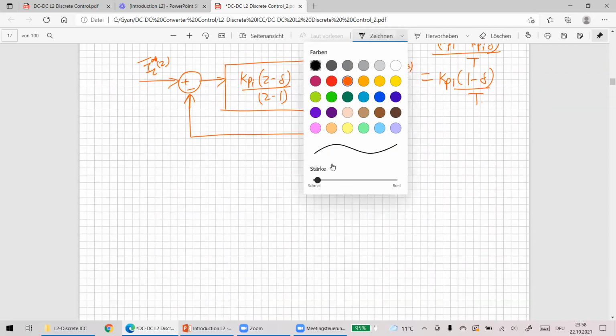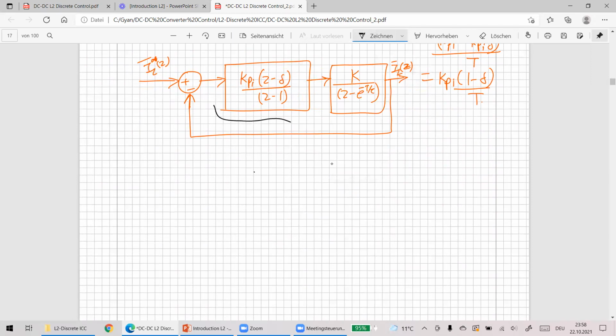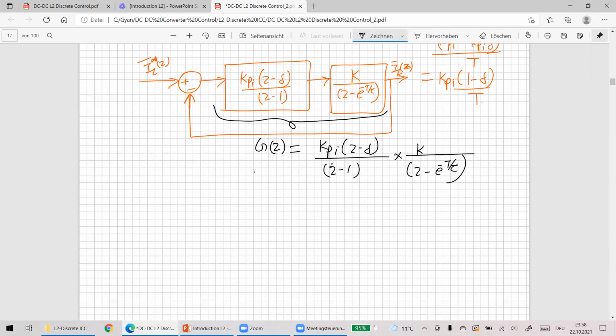Now let's find the open loop transfer function. The open loop transfer function in Z domain is going to be KPI into (Z minus del) over (Z minus 1) into K by (Z minus e power minus T over tau). So with the pole zero cancellation technique, it is possible to do pole zero cancellation.